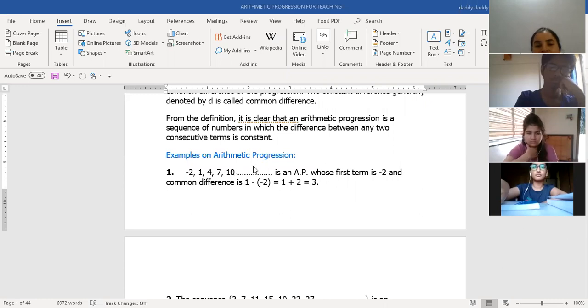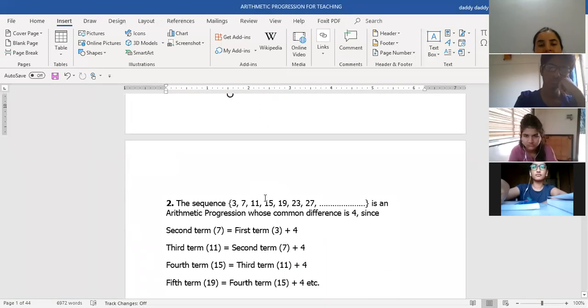So it is an ascending order of numbers, right? Because initially the term was minus, and then slowly we started getting positive numbers. Here, my first term was itself positive, and the rest of the terms are also positive, and the numbers are in ascending order because they are increasing.